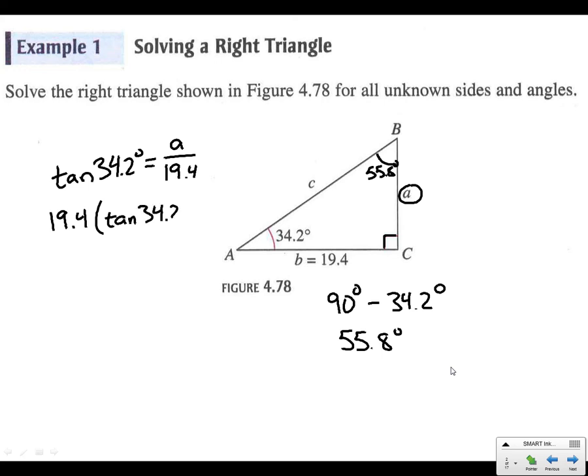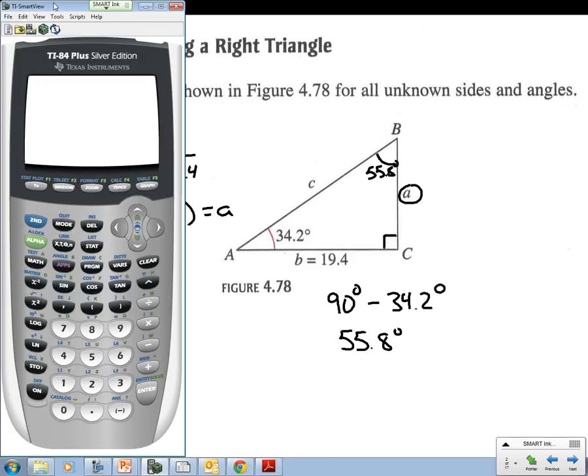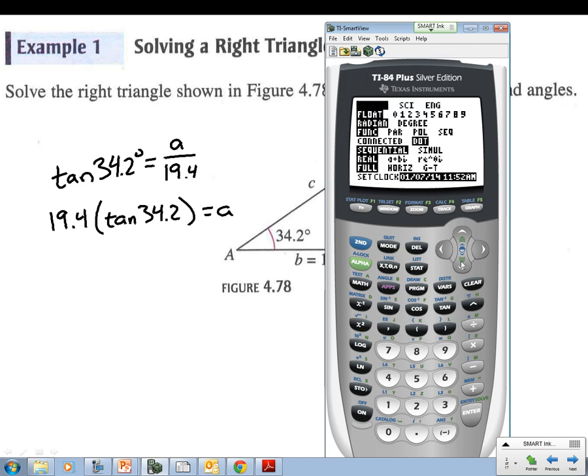This is a calculator problem. So we'll go to our calculator. Let me make sure that we're in degrees, and we are not. We're in radians, so we've got to change that.